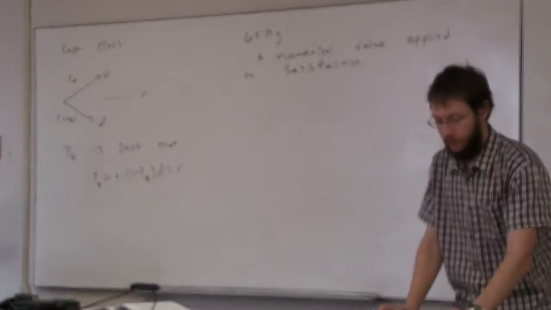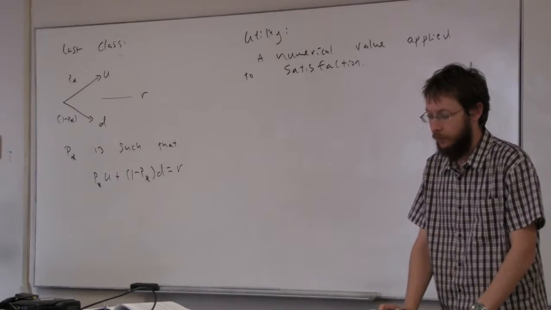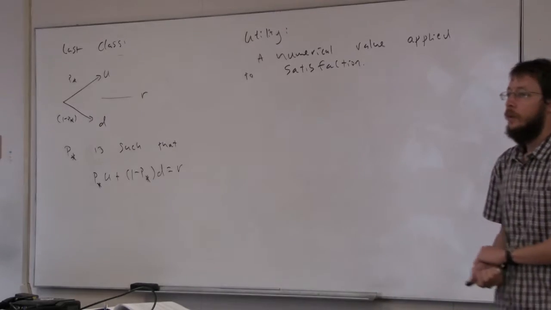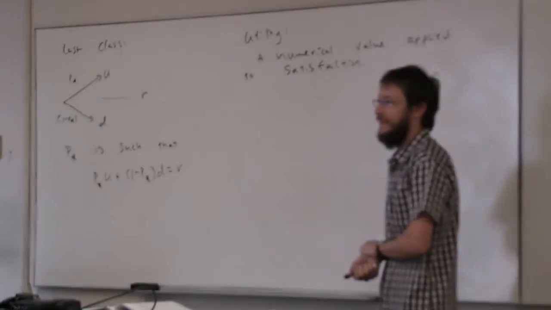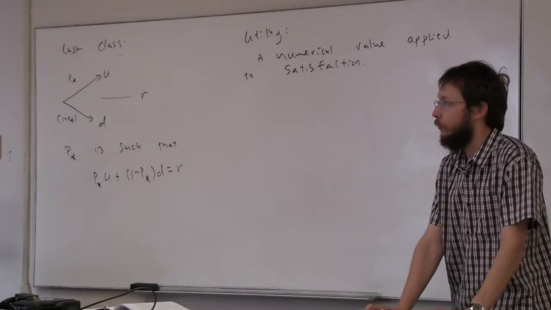So utils are this unit that we apply to the level of satisfaction that we're getting from consuming some good or service. So, root canal, the utils are probably not that high, but something like a movie or whatever, the utils are pretty high.